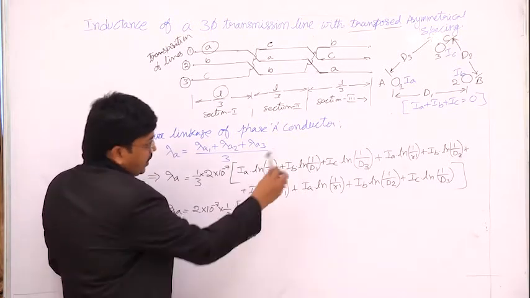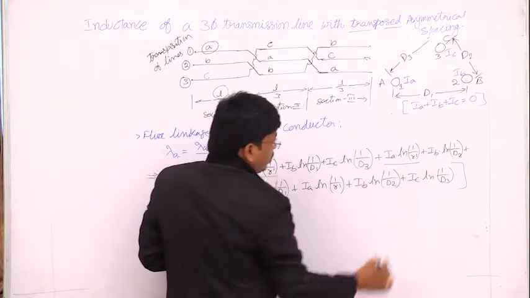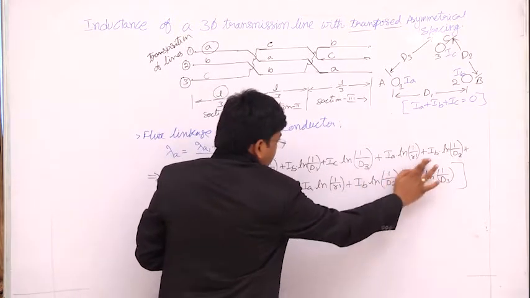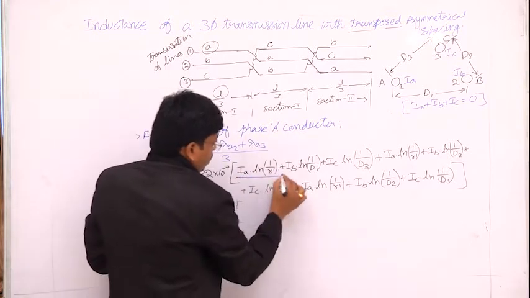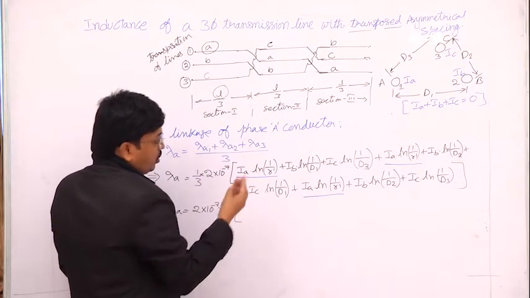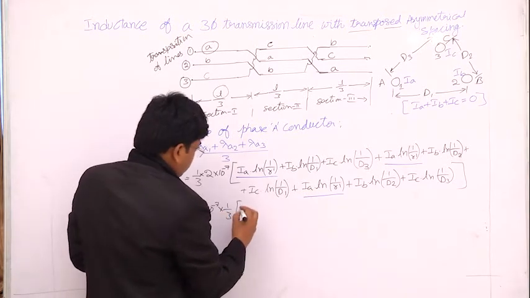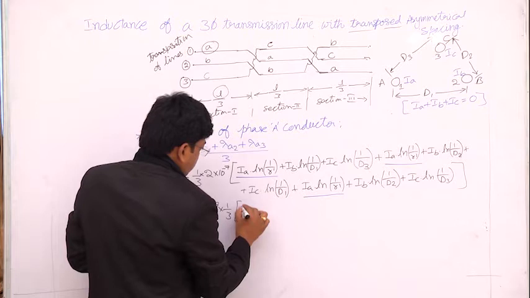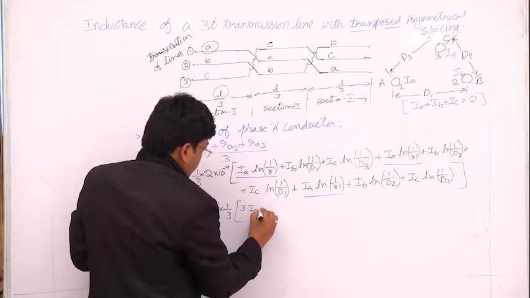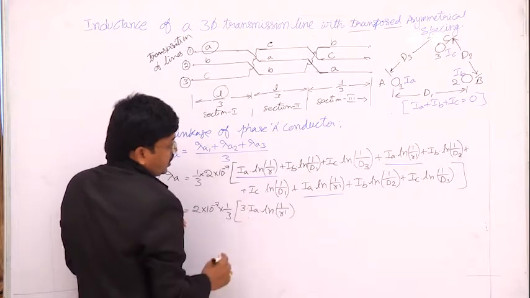In these terms, the IA terms, IA into logarithm of 1 by R dash appears in each of the three brackets. So we can write this as 3 into IA into logarithm of 1 by R dash, from the 3 equations.